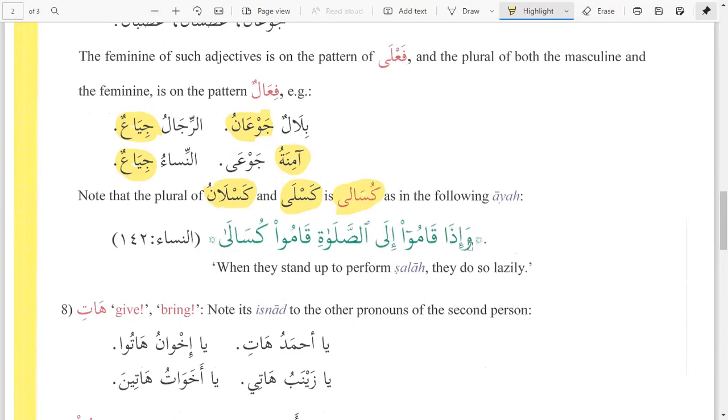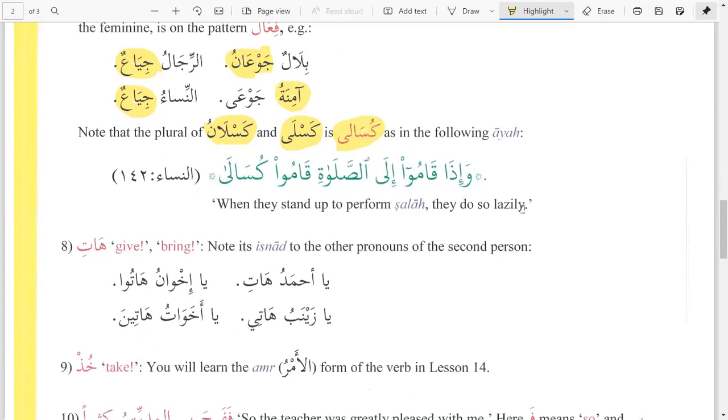Bismillahir Rahmanir Rahim. Wa iza qamu ila salati qamu kusala. When they stand up to perform the salah, they do so lazily. Kusala is plural.